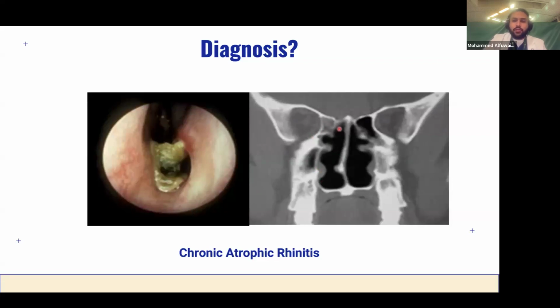Why is this so? It's either because of chronic infection, but the most common cause of atrophic rhinitis is surgery, surgical removal. And this is what's left from the turbinate. That's pretty much that. Okay. This is chronic atrophic rhinitis, small turbinates.